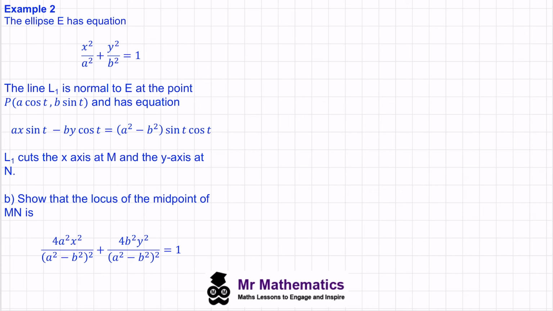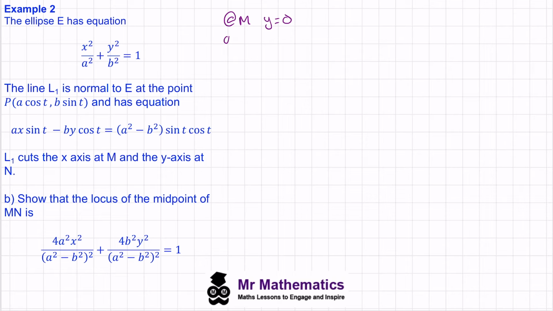So like we did in our previous example, we're told that M lies along the x-axis, so we know that at M, y will equal 0. So we'll substitute 0 into here, and then negative b cos t becomes 0.